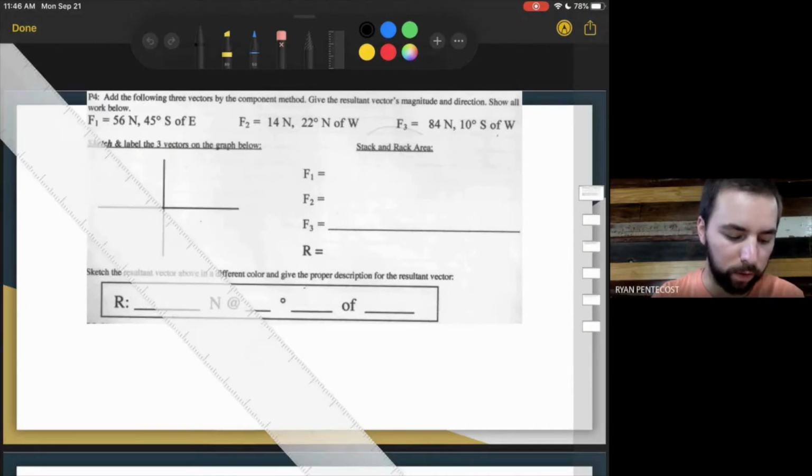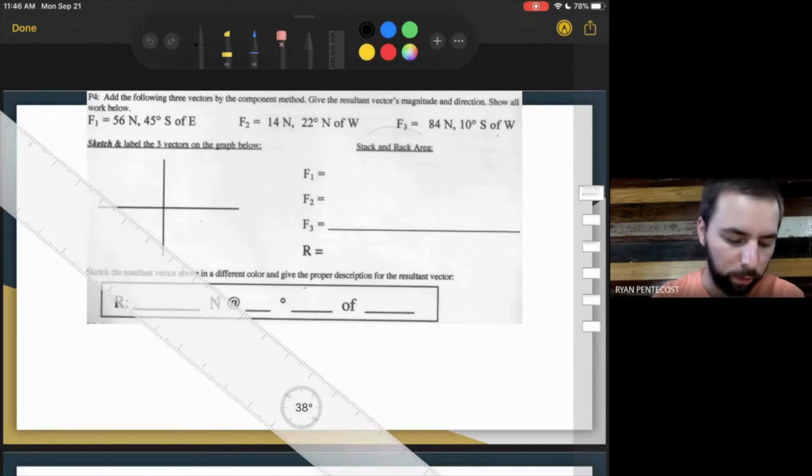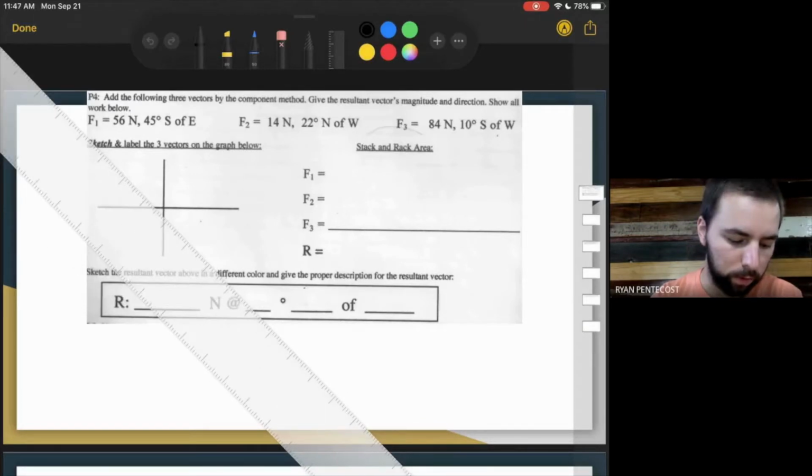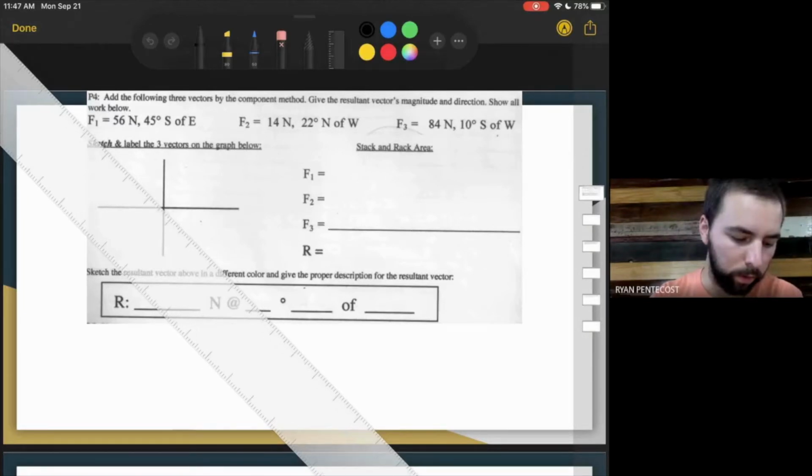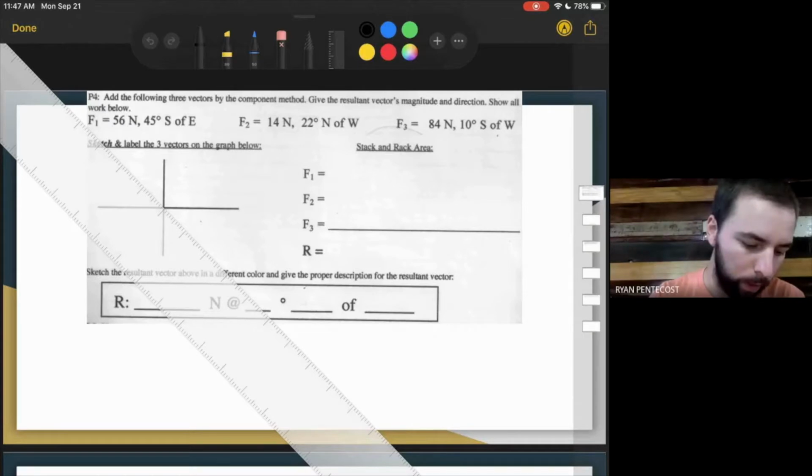That's 56 newtons at 45 degrees. I don't know how I'm going to do 56 newtons. Oh, it actually gives me a number. So this might be a small drawing.